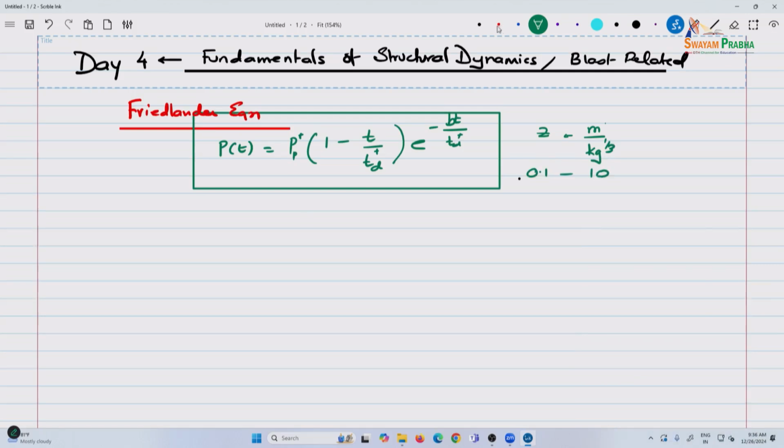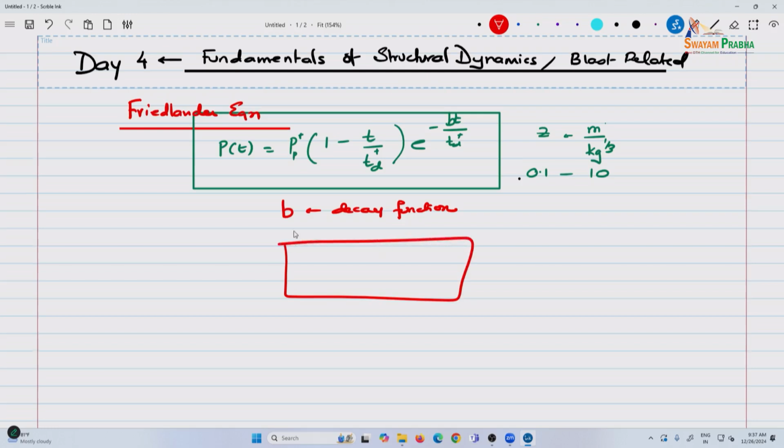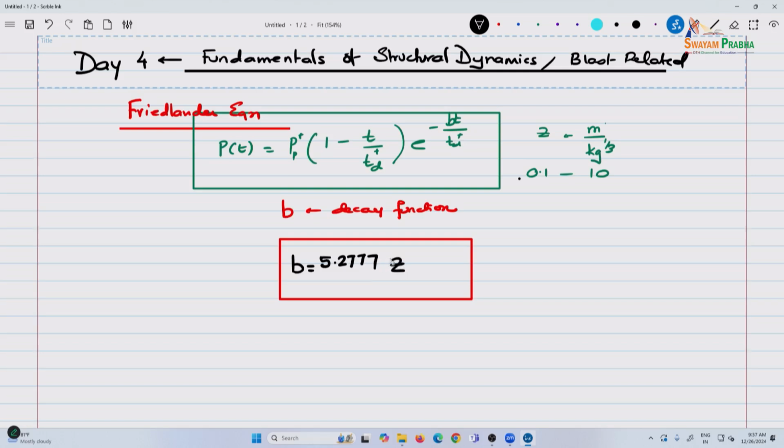And for something like this, B, the decay function, is given as, and this is where you might question why it goes into so many decimals, 5.27 Z power minus 1.1975.